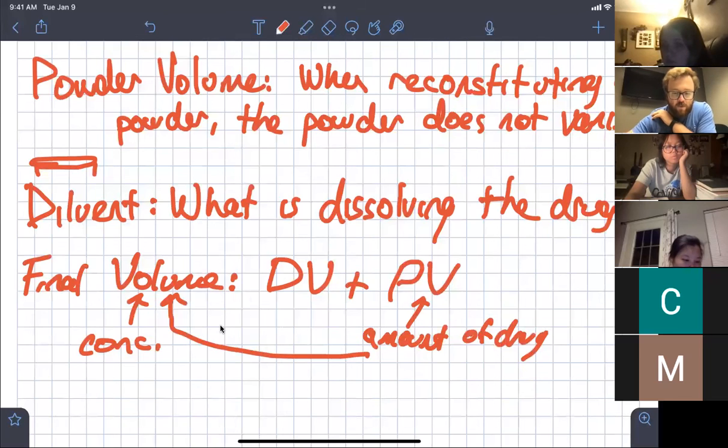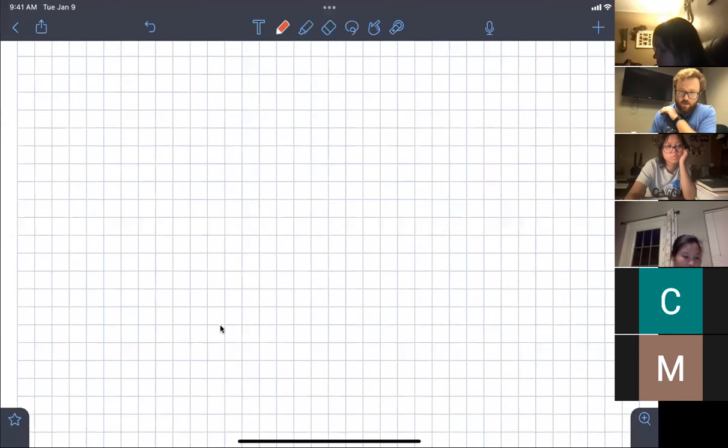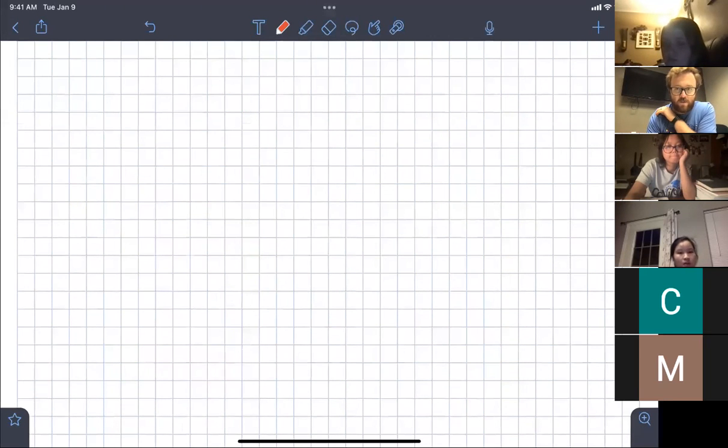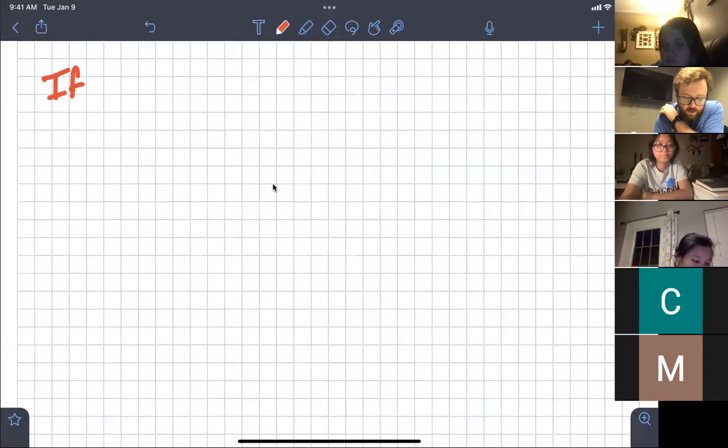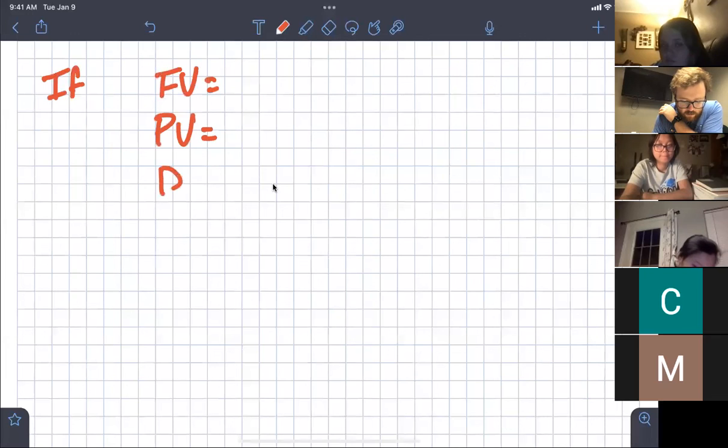Okay, let me get on this real quick. You can still see my screen, right? Yes. Okay. I have to do this quick, we're running out of time. The question is: 3.3 mils of diluent added to a 1 gram vial gives a final volume of 4. What volume do you need to attain a 100 milligram dose? So right here, FV, PV, DV.